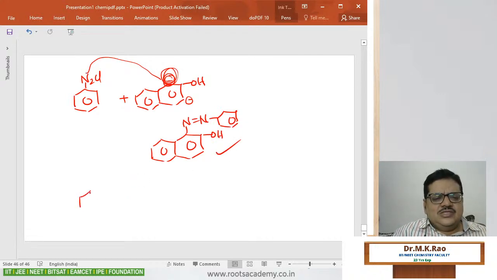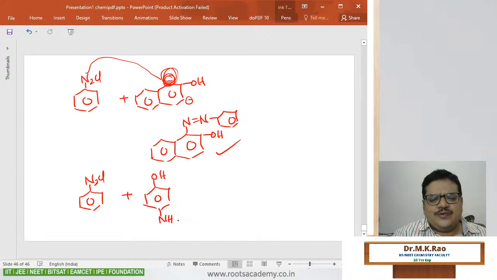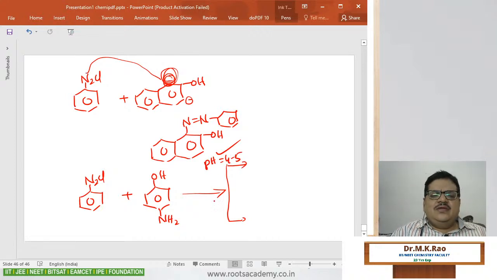Similarly, benzene diazonium chloride reacts with another benzene ring having both an OH group and an NH2 group, and it takes place in two different stages, depending on whether the pH is 4 to 5 or 10 to 13.